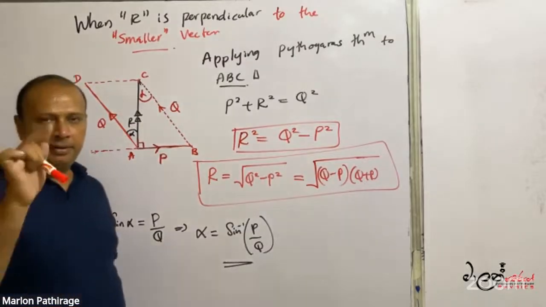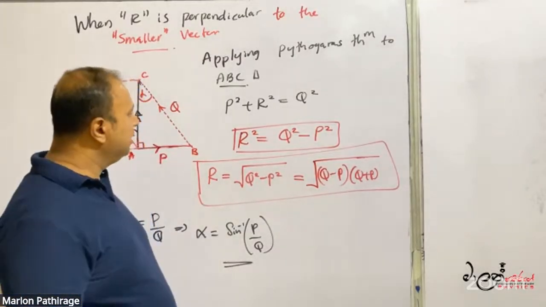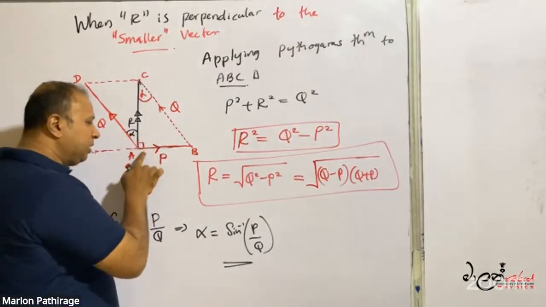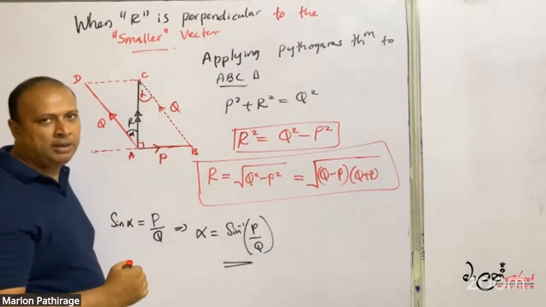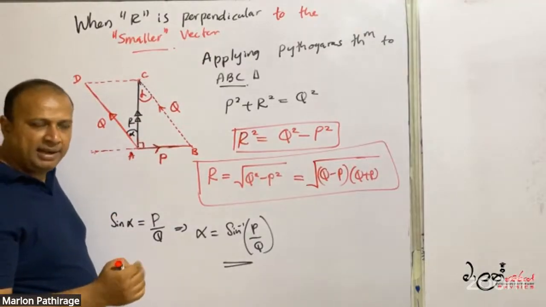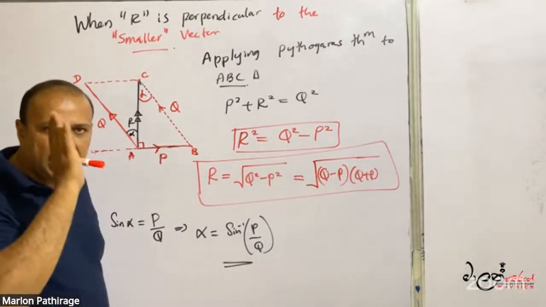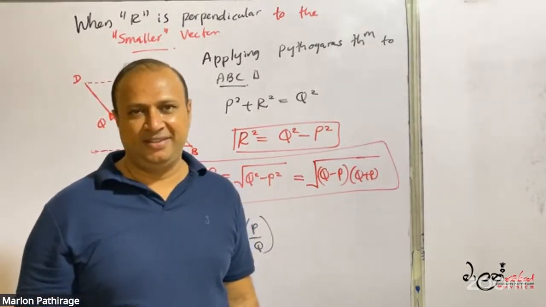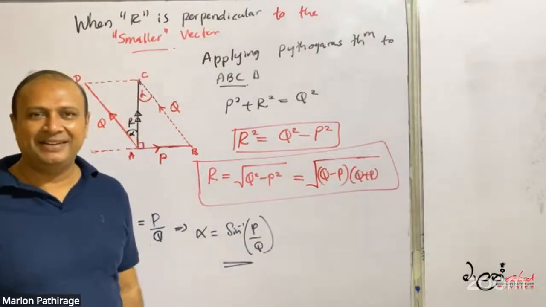Okay, look into this again. As I told you earlier, R can be perpendicular to P. P means the smaller vector. And as I told you earlier, R cannot be perpendicular to the larger vector. What is the reason?